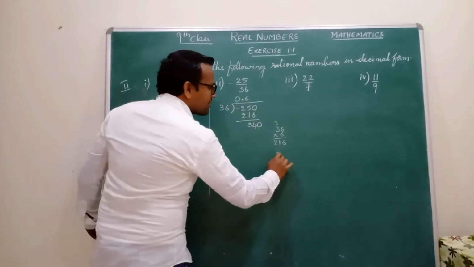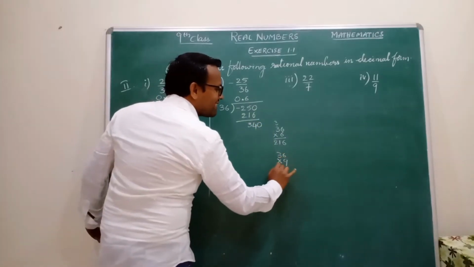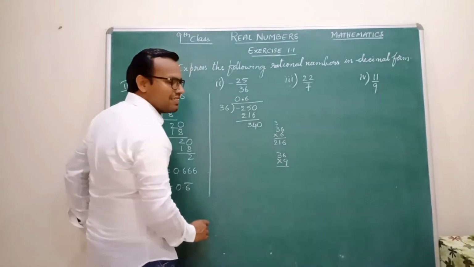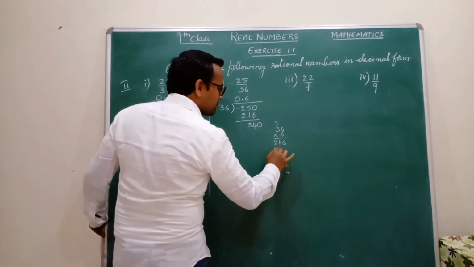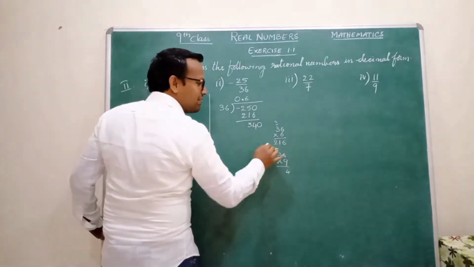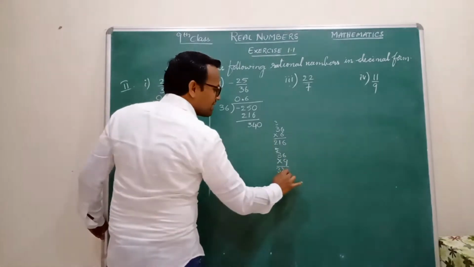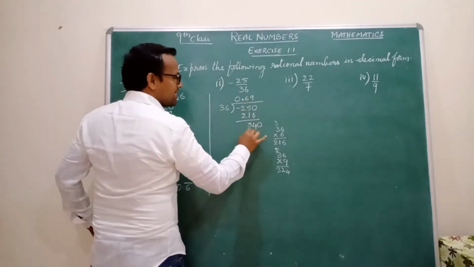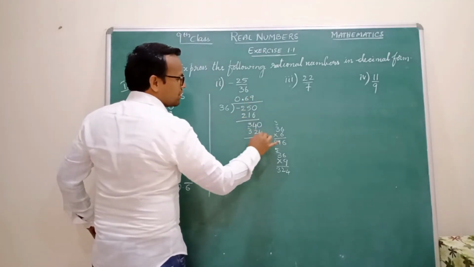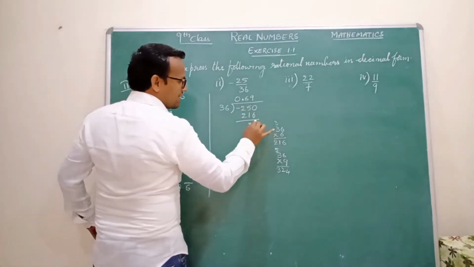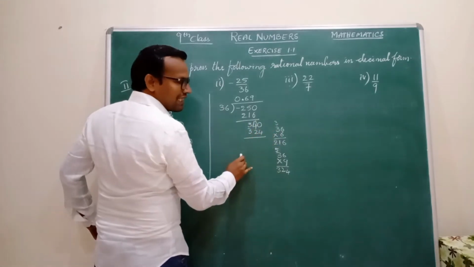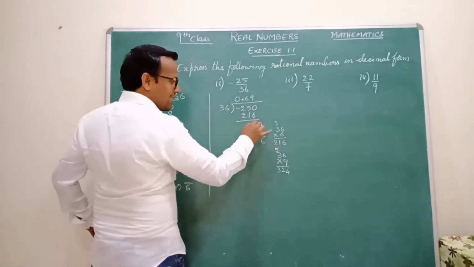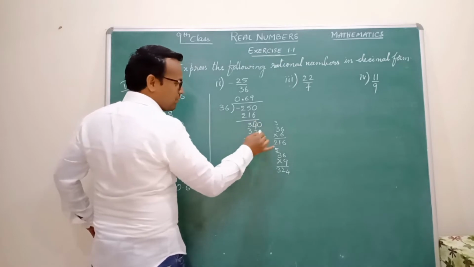Now 36 9s are, 9 6s are 54, 9 3s are 27 plus 5 is 32. So 324. 36 9s are 324 and the difference is 10 minus 4 is 6 and 3 minus 2 is 1.